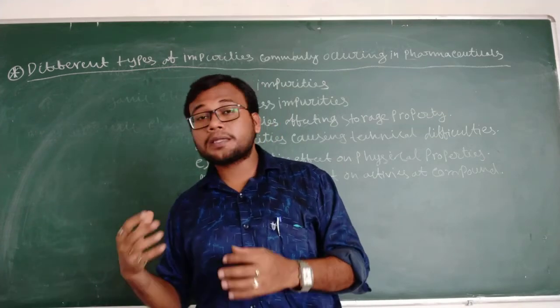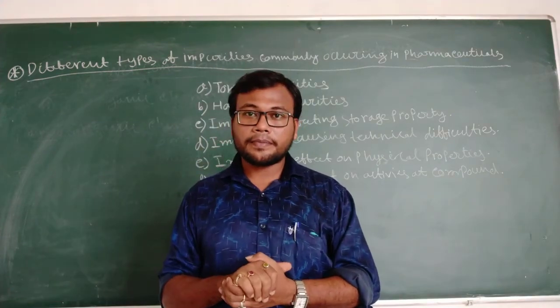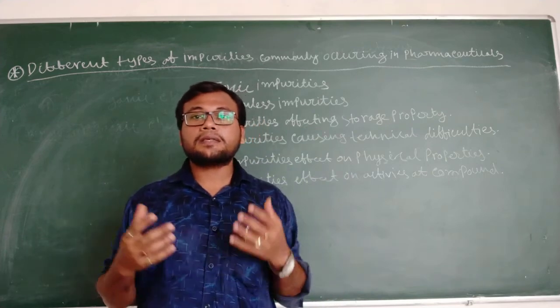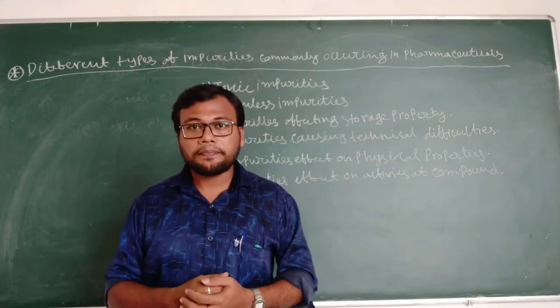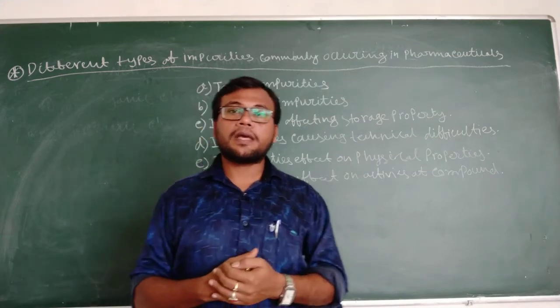How? These types of impurities react with the actual product. Suppose paracetamol, lead, arsenic, sulfur, these types of atoms are very reactive. They react with the active compound like paracetamol.